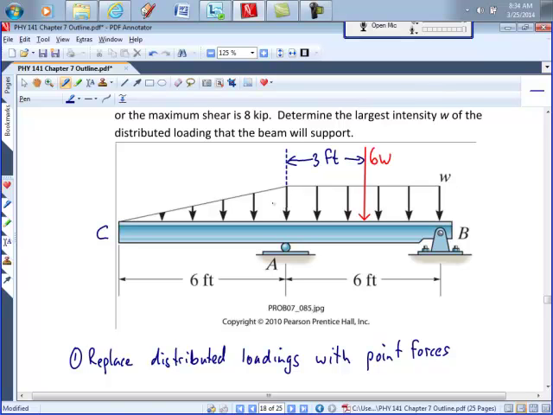Right, 1/3 of the distance from the straight edge, so that would be 2 feet from A. So we'll place that one about here, and we'll call that one 3W.